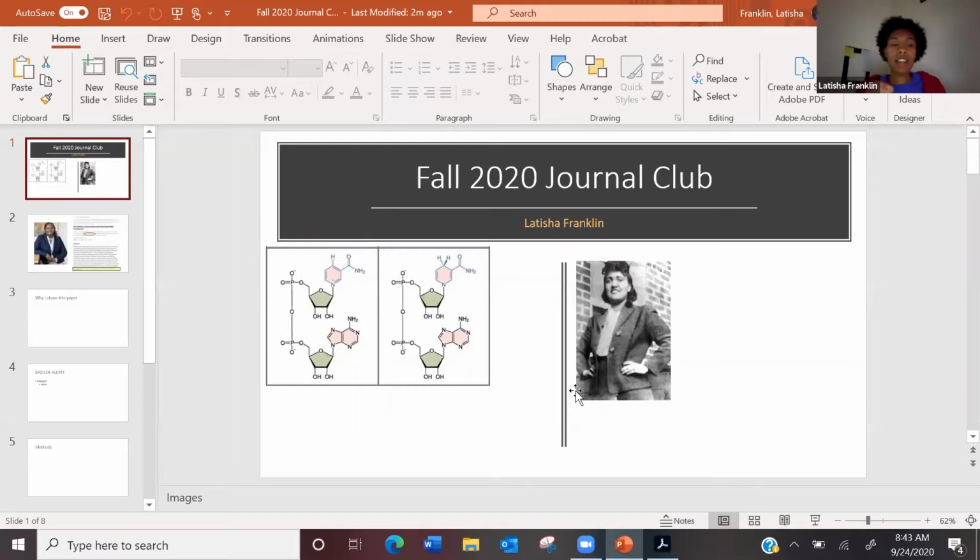And this slide here is like a gearing slide. I always do a first slide where I just put images that relate to the paper so that it can kind of get people in the mindset of what we're going to be talking about. This is to let them know that there are HeLa cells in the paper, and these are the structures of NAD and NADH.